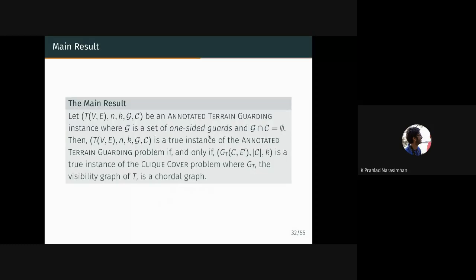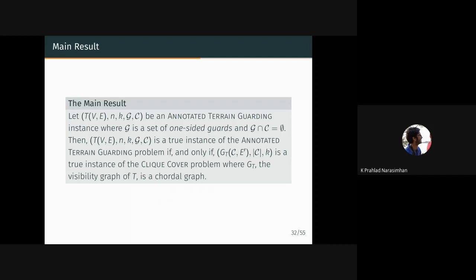Let's go. This is a very bad-looking theorem to go up front. So what this says is exactly what they said before. I am going to take an annotated terrain guarding instance, but this time the terrain is not orthogonal.